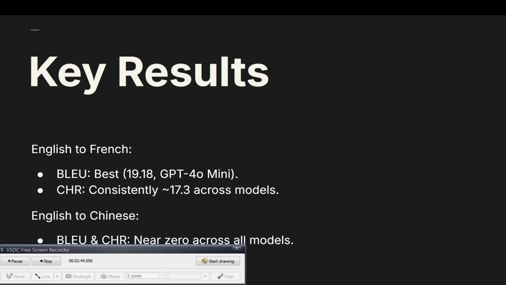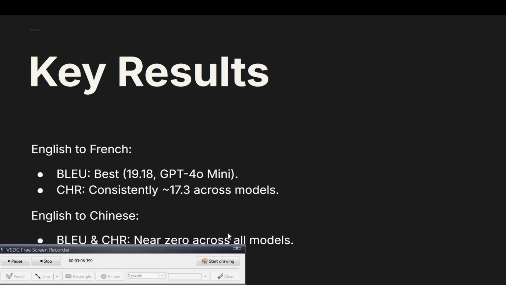So GPT 4.0 mini had the best score, but I think it's because of faulty generalization from a low amount of data set samples. Then the CHR score was consistently 17.3 across all models for English to French too.